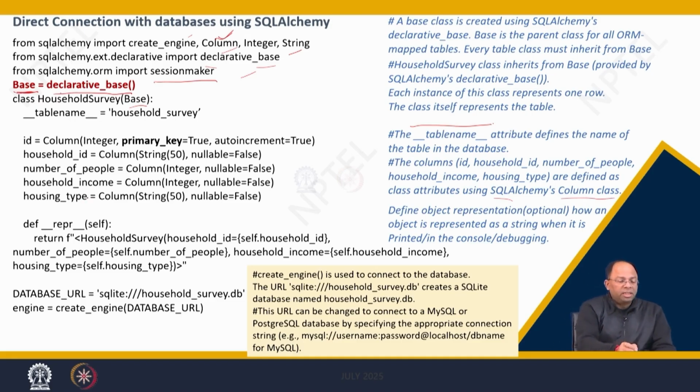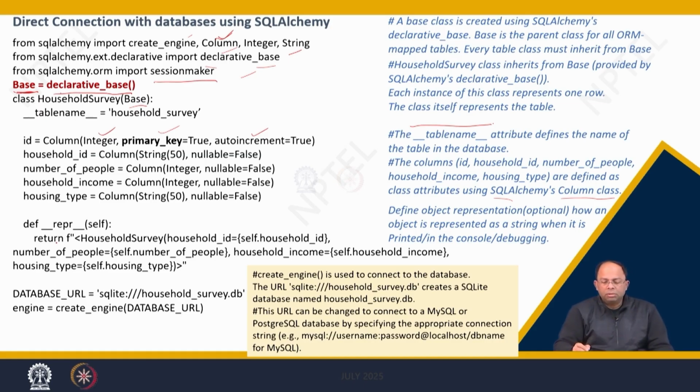So you can see that we are defining that it is an integer, that it's a primary key, auto increment. All the different attributes are given for this ID, household ID, and all these values, and these are all following the Column class structure, the attribute structure of that, right?